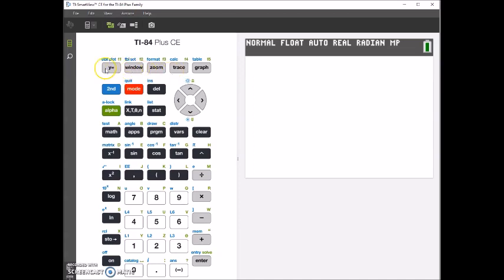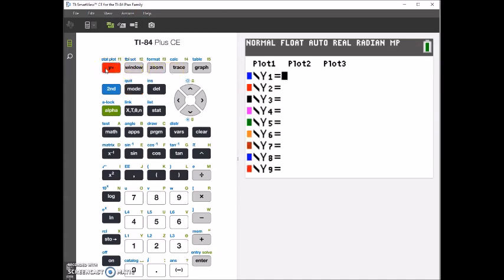And then to enter our equation, we're going to click on y equals. And in this case, it was a negative 33.2 cosine, and then we had 2 second pi over 15.